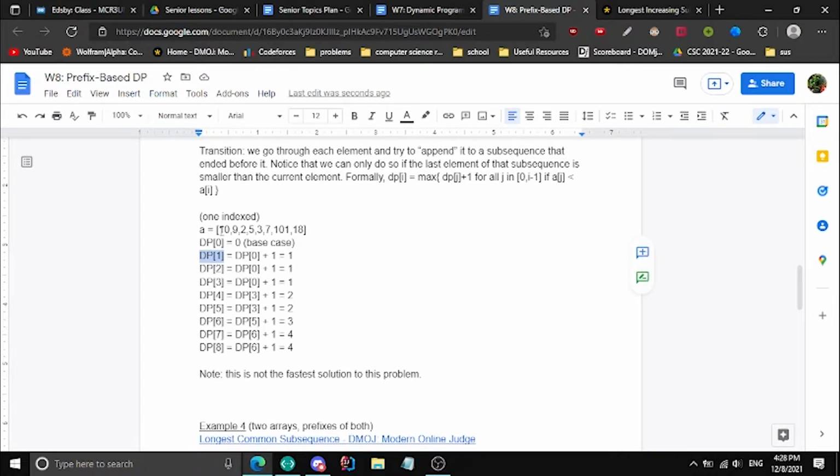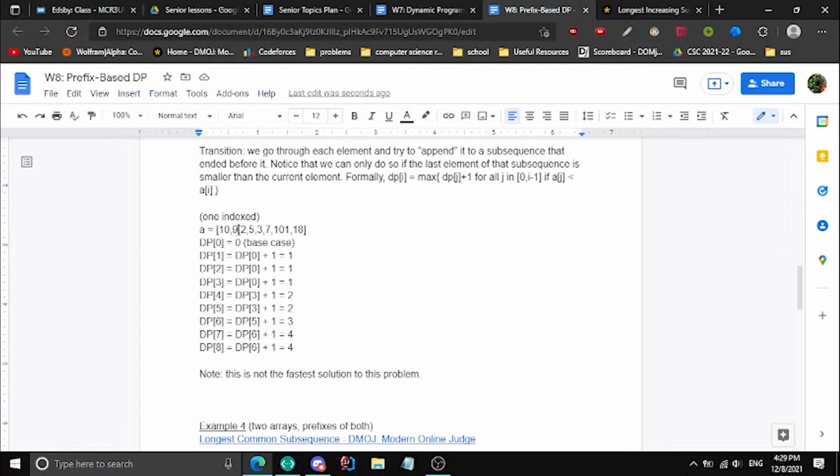Let's look at dp at 1, which refers to element 10. 10 by itself is just one single element, so that would be written as a continuation of no elements. We add onto the empty subsequence, so 1 plus 0 is 1. On dp at 2, same situation.